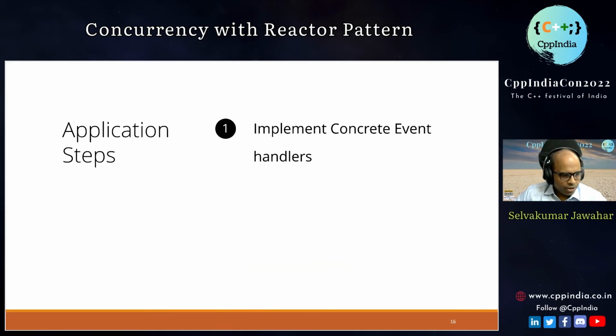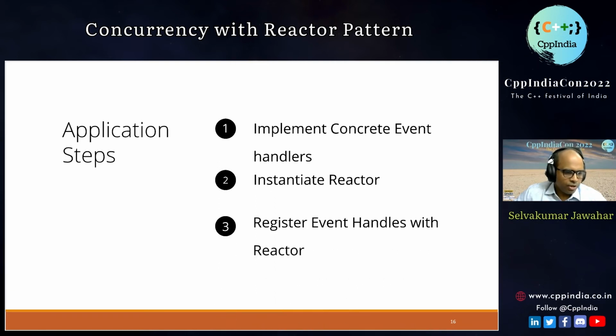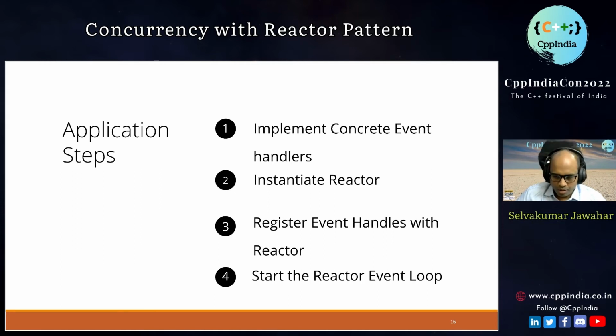From the application point of view, first you implement some concrete event handlers. Then you instantiate a reactor. Then you register your event handlers with the reactor. Then you start the reactor event loop. That's it. Because the reactor is sequentially handling the events, there are no race conditions. There is no need for threads.